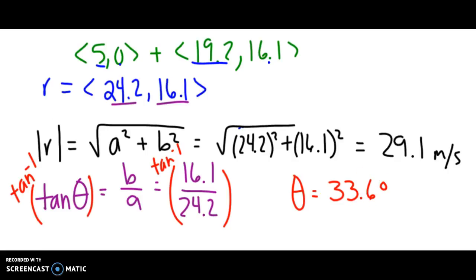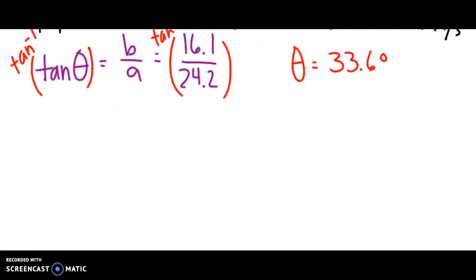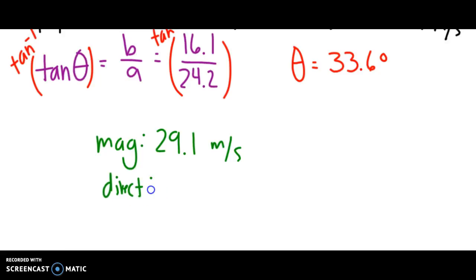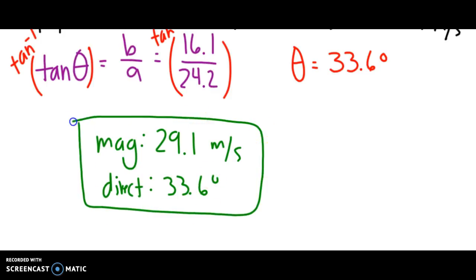So to answer my question in its entirety, the football is traveling with a magnitude of 29.1 meters per second in a direction of 33.6 degrees. And I'm done.